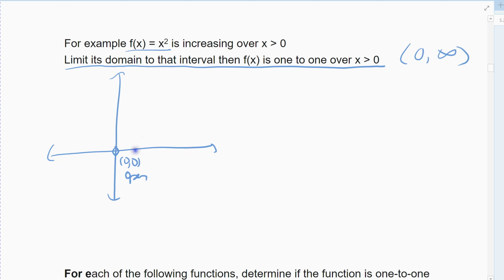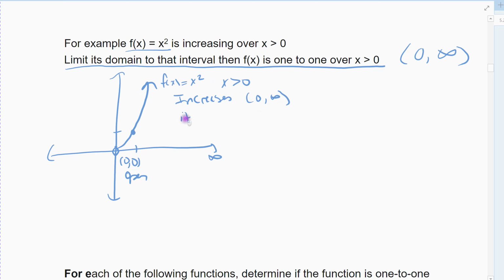But anything bigger than that, shooting off to infinity, so (1, 1) would exist, and then it would have that parabola shape. And so there's f of x equals x squared if x is greater than 0, and it is increasing on that entire piece from 0 to infinity.